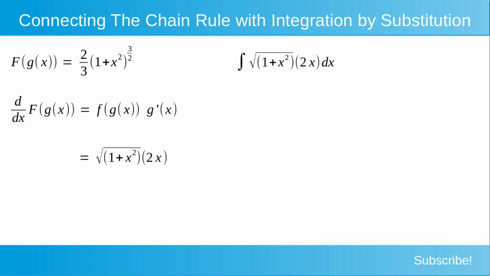We're now going to introduce integration. As shown here at the top right hand side of the screen is the indefinite integral of the square root of 1 plus x squared multiplied by 2x with respect to x.